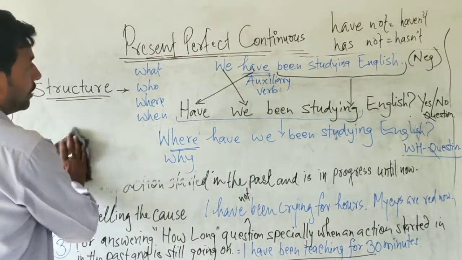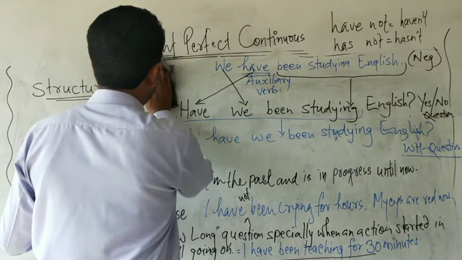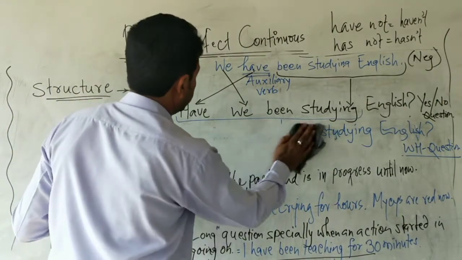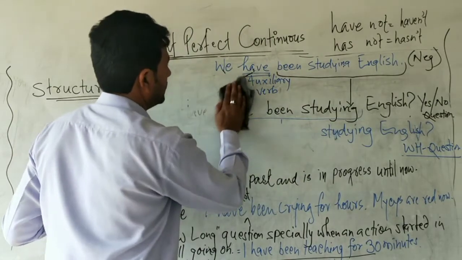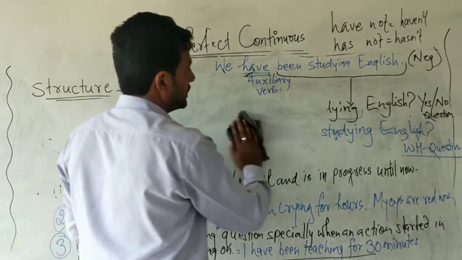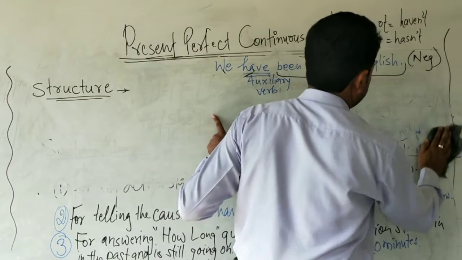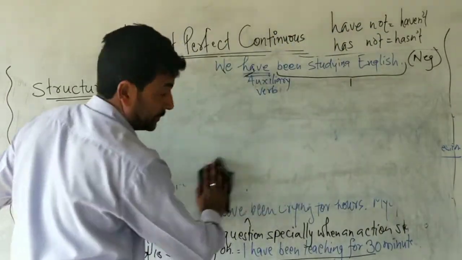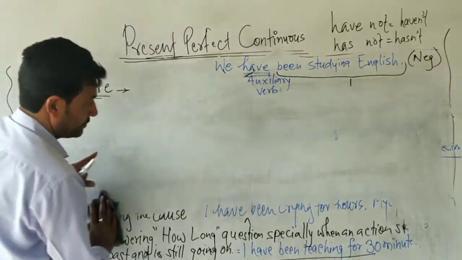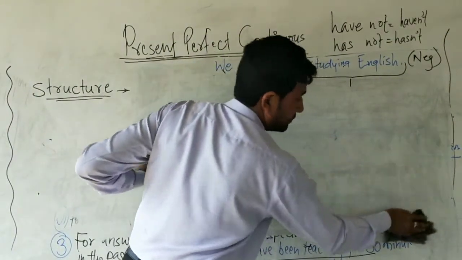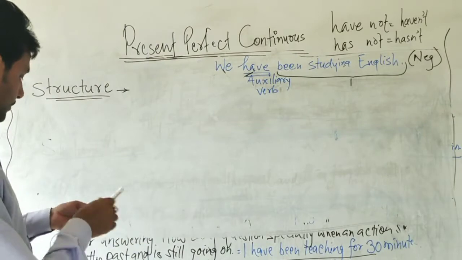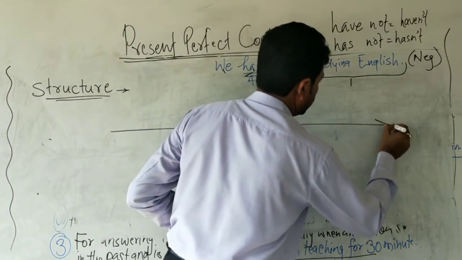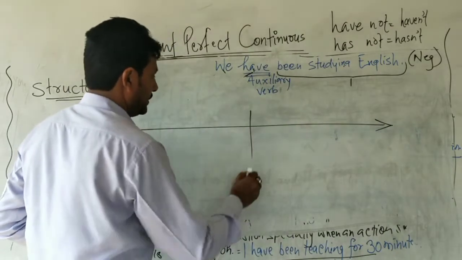on the graph how we can show the sentences on the graph. This is our target sentence. We will show that sentence on the timeline. Suppose that this is time and here is now.